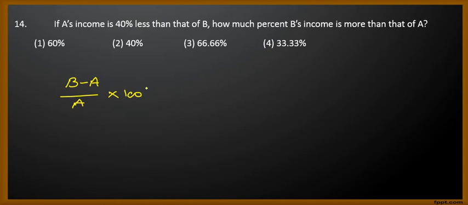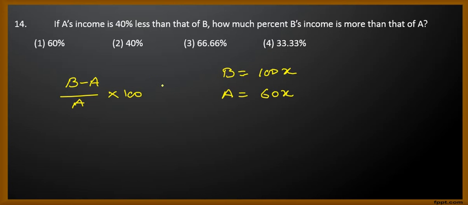This is what we have to find: how much percent B's income is more than that of A. Now we don't have exact values of A and B, but here A's income is given with respect to B. So I will assume B's income as 100x. Then A's income will be how much? 60x, because 40% less means 60%, 60x.